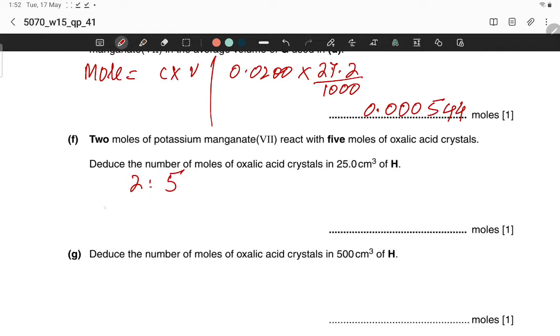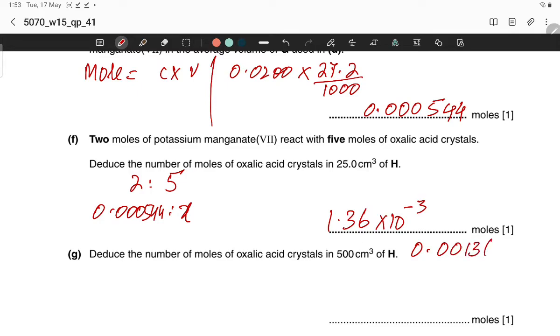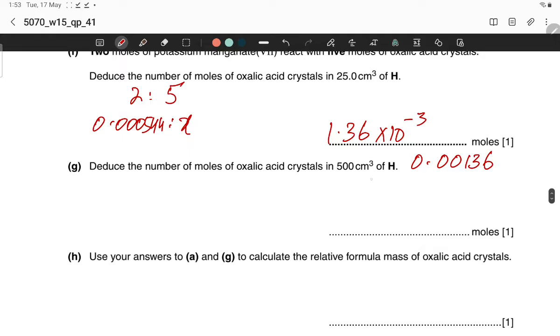This is potassium manganate mole, 0.000544, ratio X. So let's calculate 0.000544 into 5 divided by 2 is equal to 1.36 into 10 raised to power minus 3, or we can write down 0.00136.